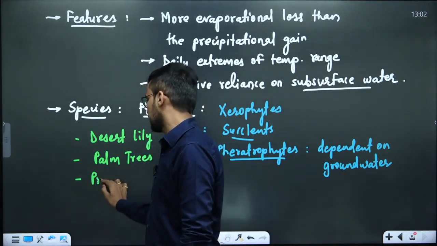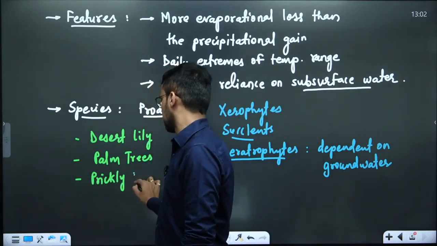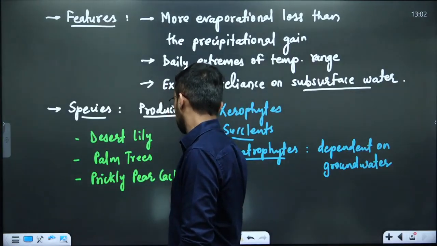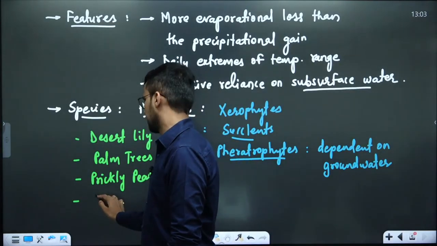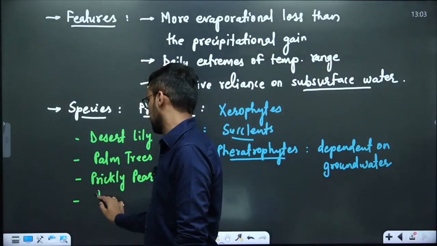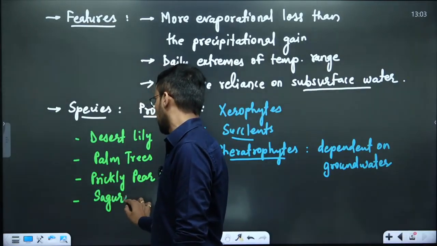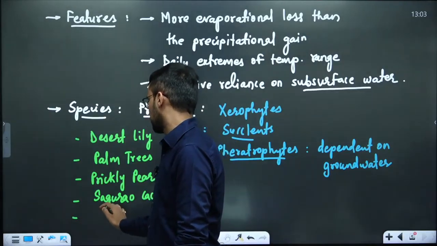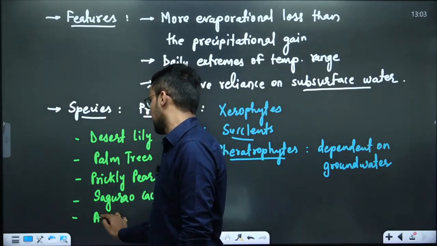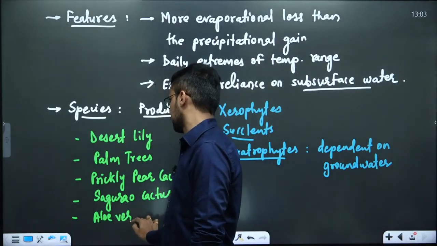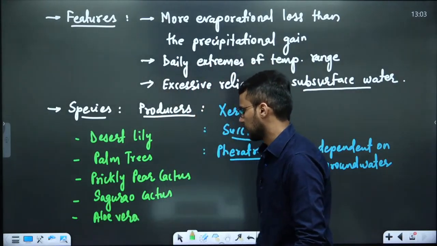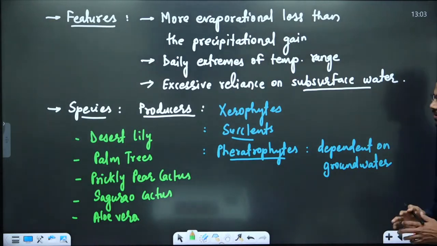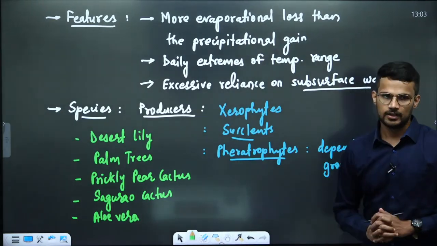Prickly pear cactus. चलेगा चलेगा सकते हो. सैगुराओ कैक्टस. घर पे जाके ये नाम गूगल करने हैं, ठीक है. एलोवेरा लाइक दैट. ठीक है. These are the plants that we have in desert area.